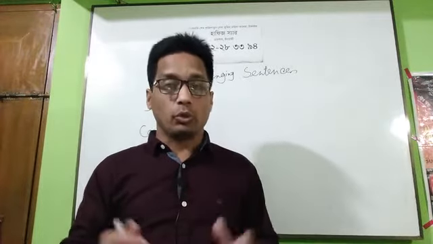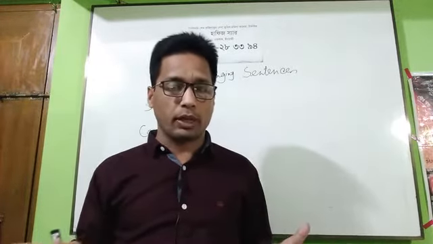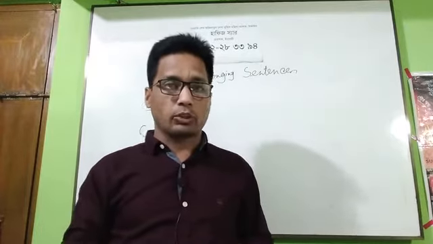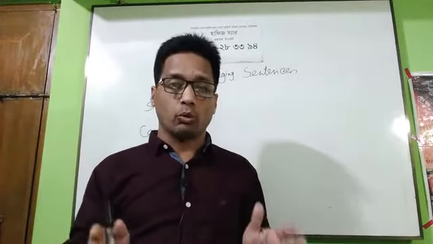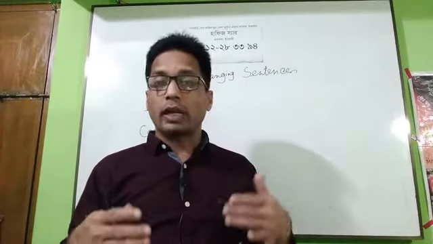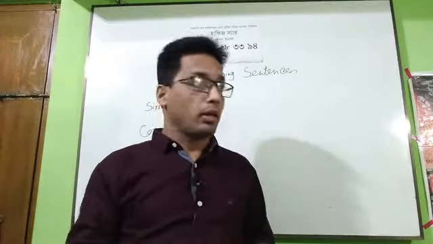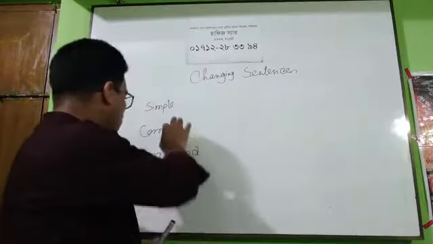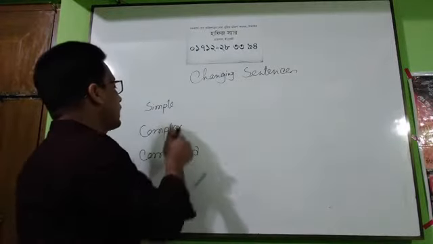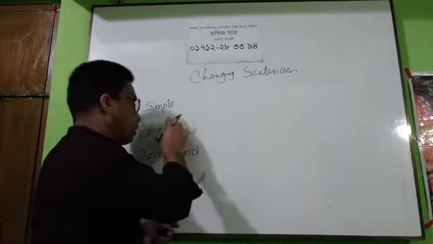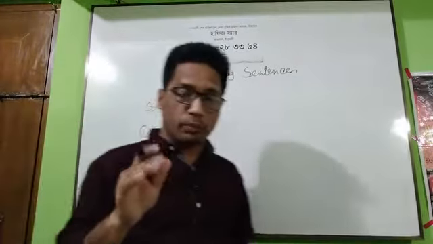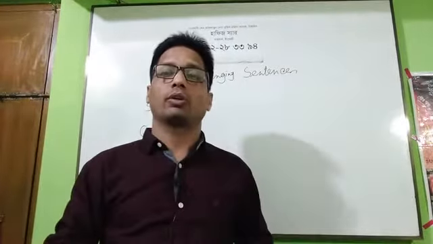Okay, do you have the clear conception about finite verb? Finite verb actually indicates the verb which is able to express its meaning. Okay, then complex sentence. Actually, complex sentence indicates the sentence which has one principal clause and one subordinate clause.